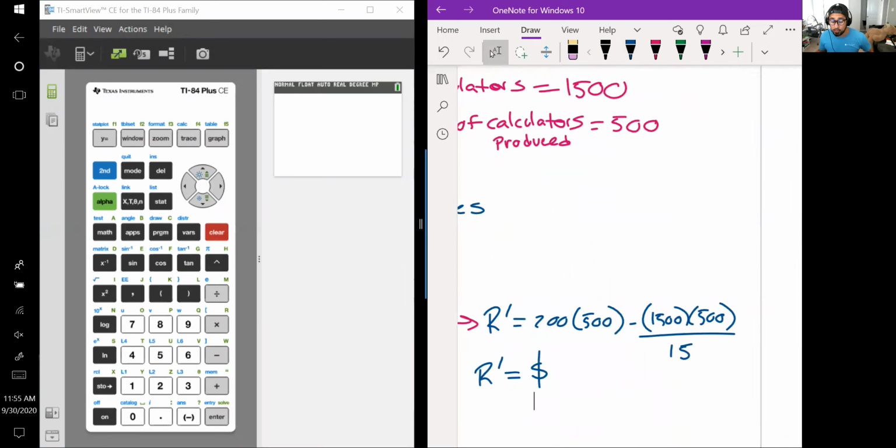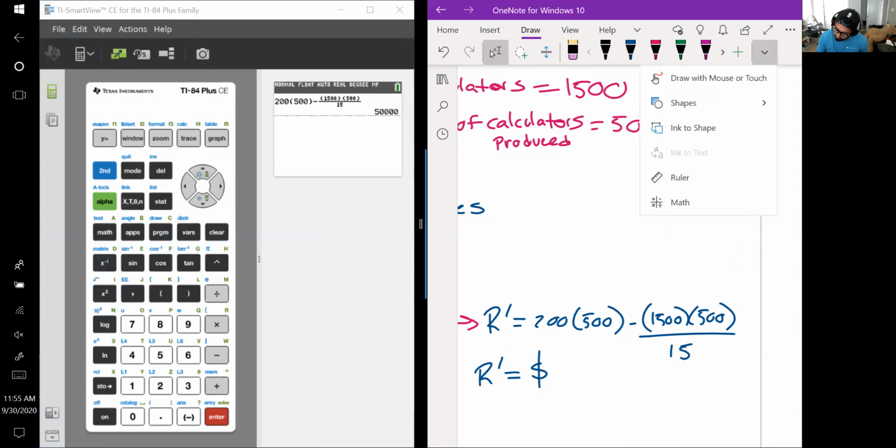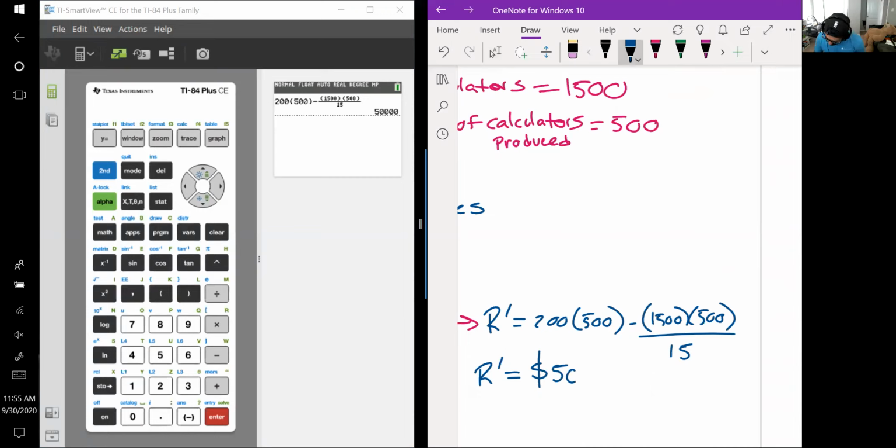I'll type it in just like I wrote it. 200 times 500 minus fraction button, 1500 times 500 over 15. So exactly like I wrote it on paper. And we will get 50,000.